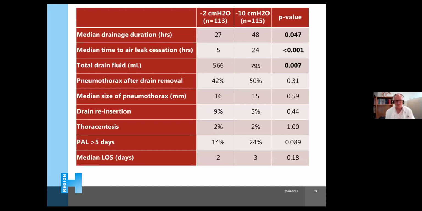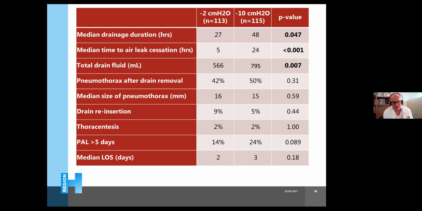What was interesting is comparing the two groups, -2 centimeters of water versus -10 centimeters of water: the duration of drain, the time until there was no bubbling, no air leaks on the Thopaz, and the amount of fluid drained were significantly shorter in the -2 group than the -10 group.